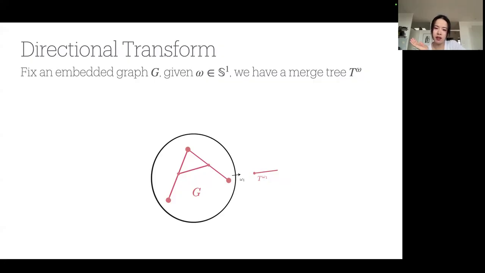If I rotate omega-1 counterclockwise to omega-2, for example, so we sweep our threshold from bottom to top, there we get a merge tree that has two connected components, or two leaves, two branches. So that's why it's important to take the information of the graph into account by sweeping the whole circle, and that's what we call the directional transform.